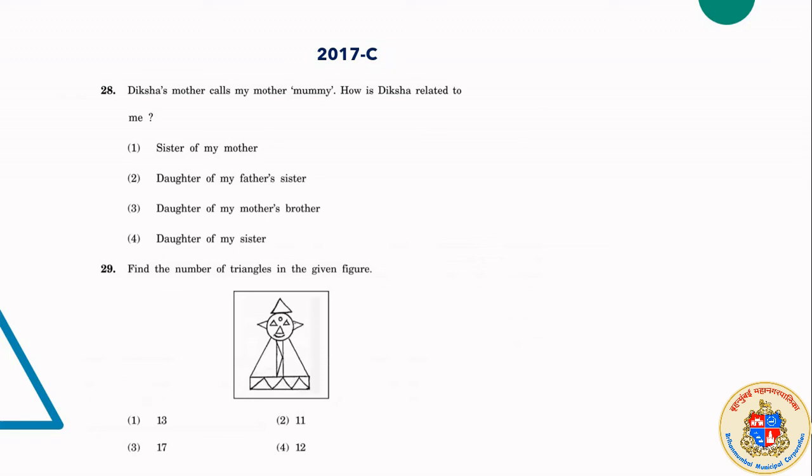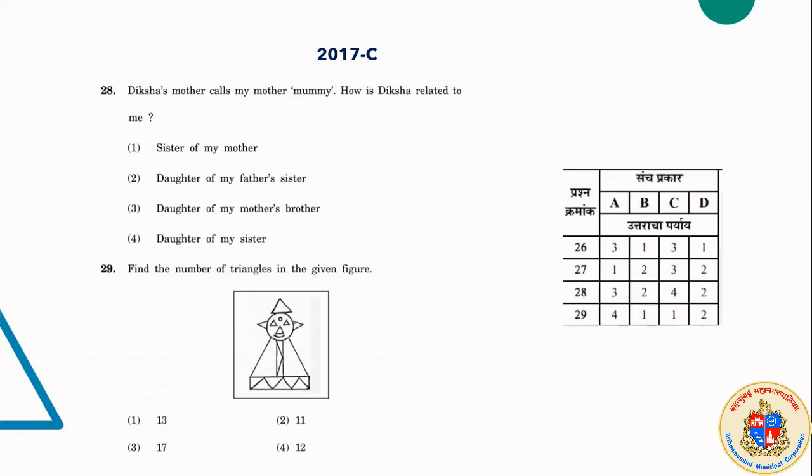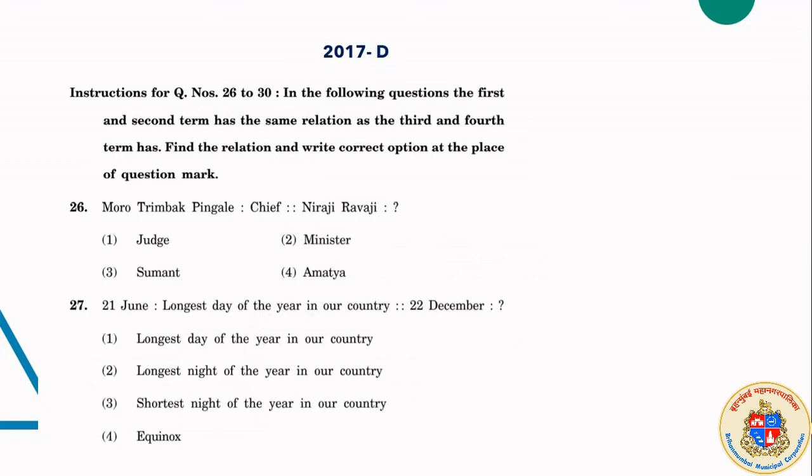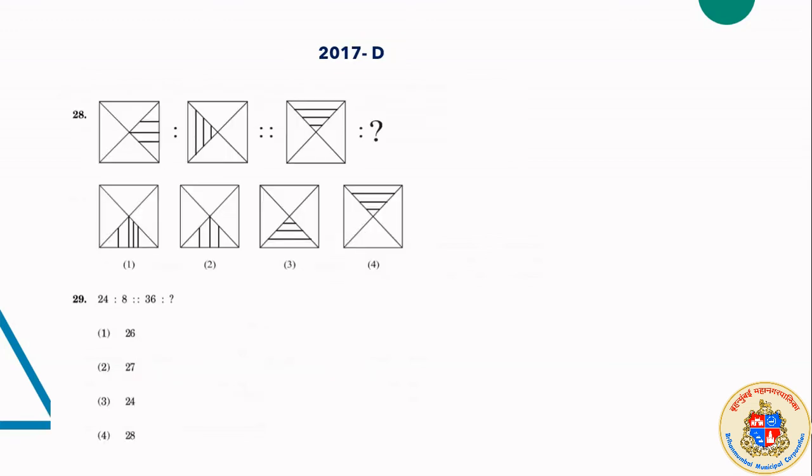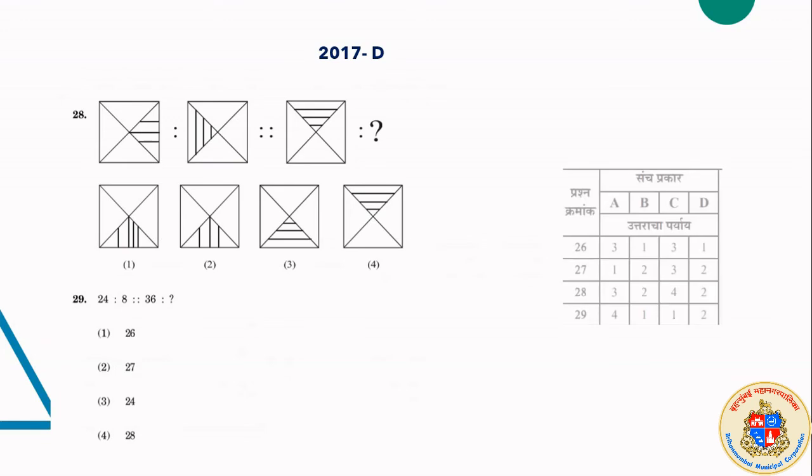You will pause the video and check the answers, to cross check whether they are right or wrong. That will be beneficial to you. One more set of questions is there, 2017 D set. Here are two questions. There are two more questions. You will get the key later. You can pause and delay the appearance of the answers in the video, so that you practice it yourself.